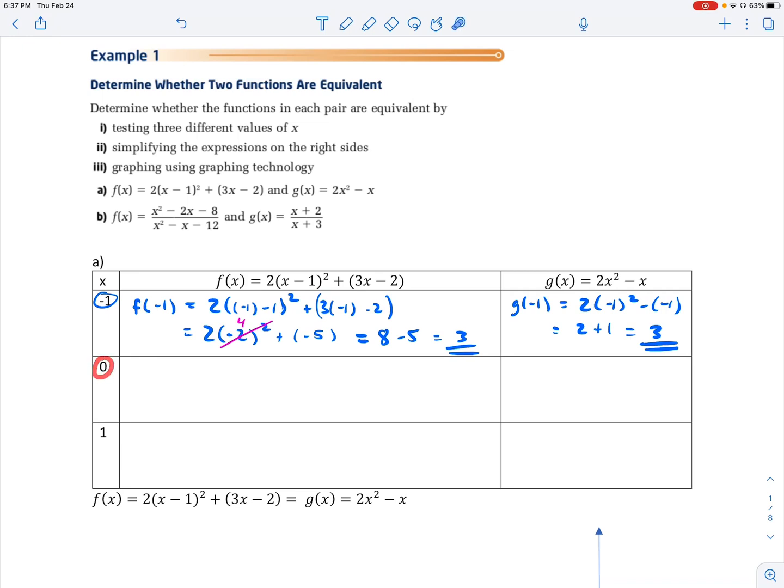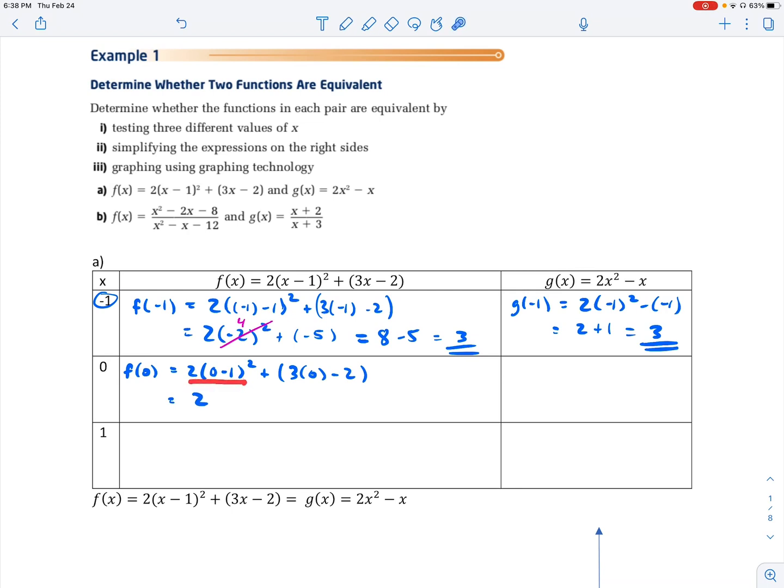Okay, now we're plugging in 0. So f of 0, we have 2 times (0 minus 1). This is going to make our calculations really easy. Oops, that 3's got to be in the bracket. 3 times 0 minus 2. So (-1) squared is just 1, and 2 times 1 is just 2.